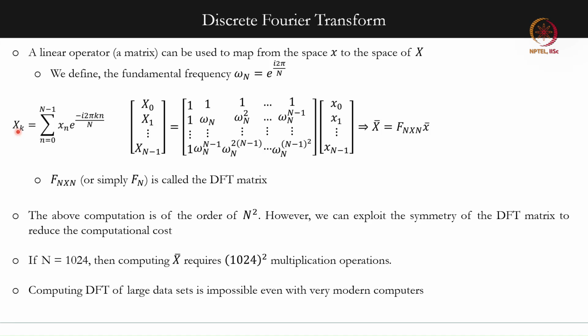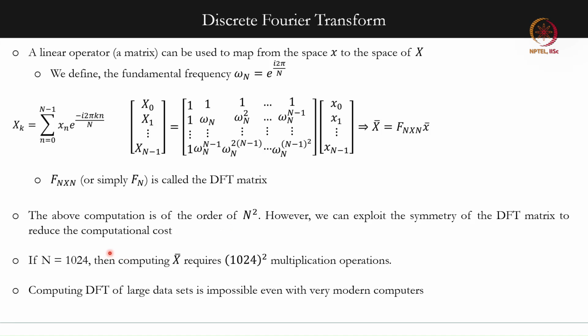But to estimate these Fourier coefficients, we see that we need to multiply with a matrix which is of the order of n cross n. So the number of multiplications involved in this operation is of the order of n squared, where n is basically the number of points in the data vector.